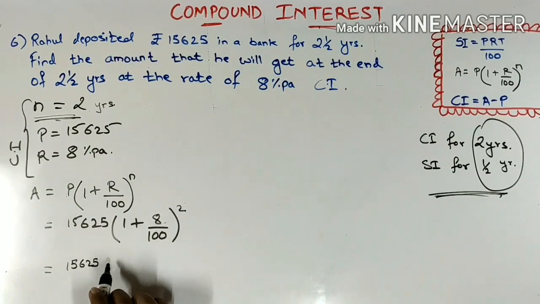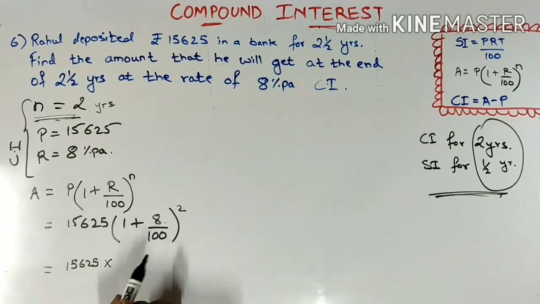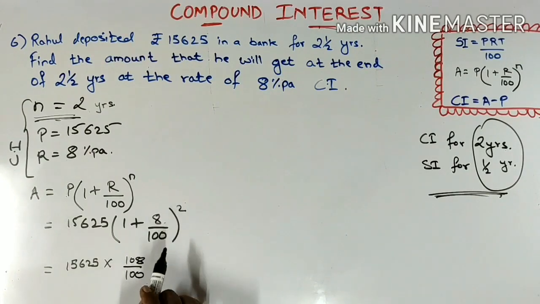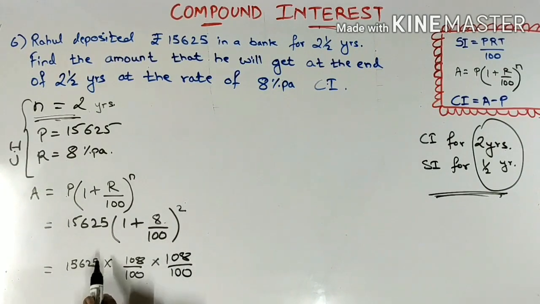Simplifying it, 15,625 multiplied by 100 plus 8, 108 upon 100, and it is square, so 108 upon 100 into 108 upon 100. We can cancel out by the common factor, that is 5.